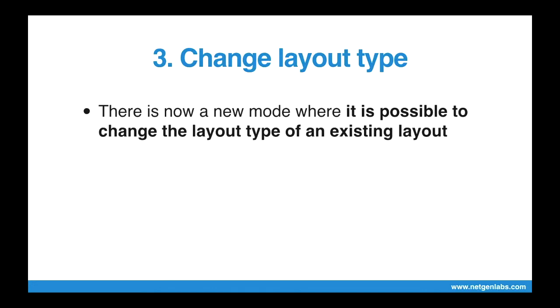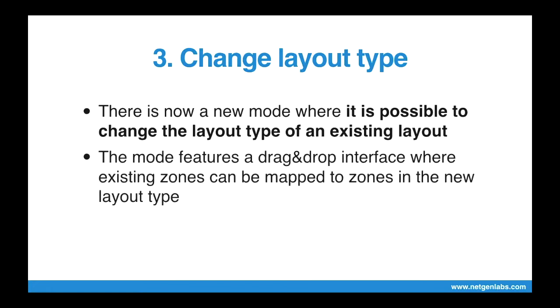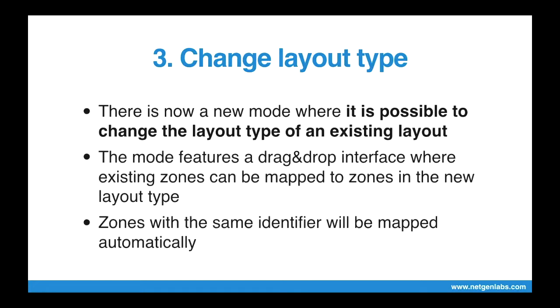So we have a new mode where it's possible to change the layout type for an existing layout. And it's a simple drag and drop interface where you can quickly map the old zones to new zones. I will show it. And if you have a layout type with the same identifier, then those zones will be mapped automatically. So let me show you what I mean.